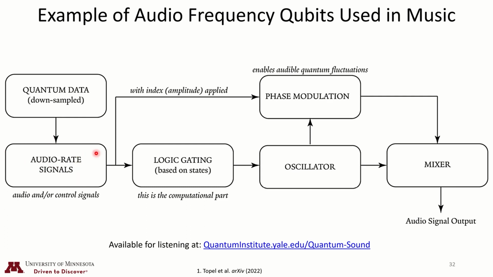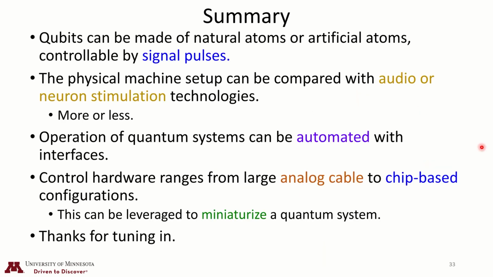The frequency needs to be adjusted so that it's at the audio rate, and then that audio-rate frequency will create a modulator that will manipulate a sound generator, an oscillator. It is a sound generator that has oscillating frequencies, and from there you can use it to create music. So that's just how it works.